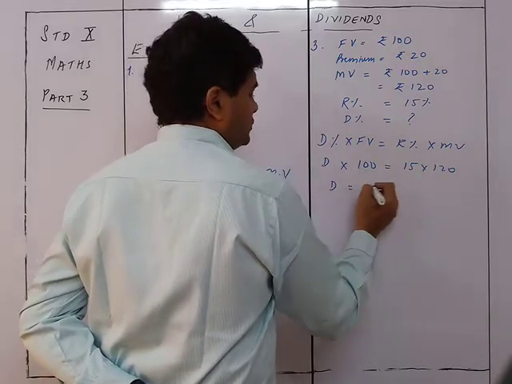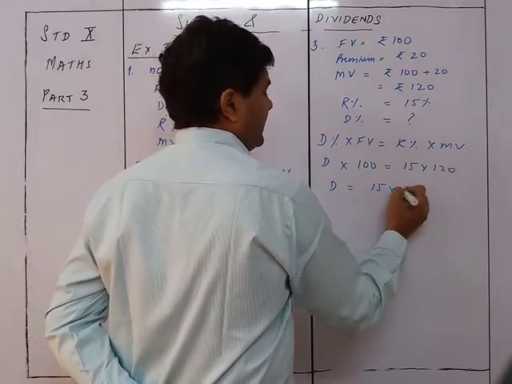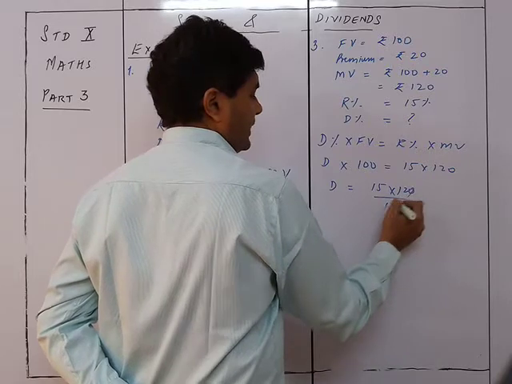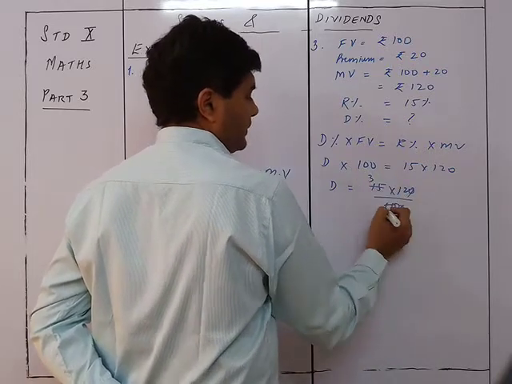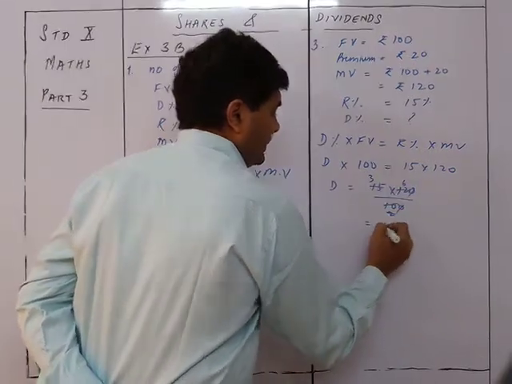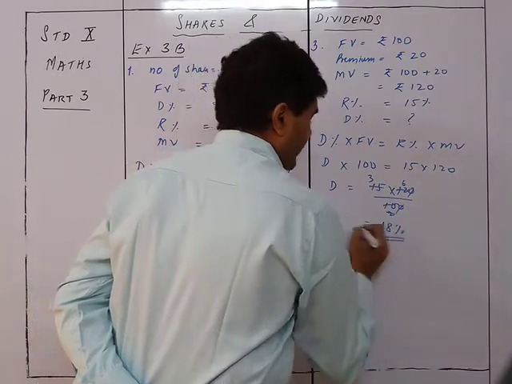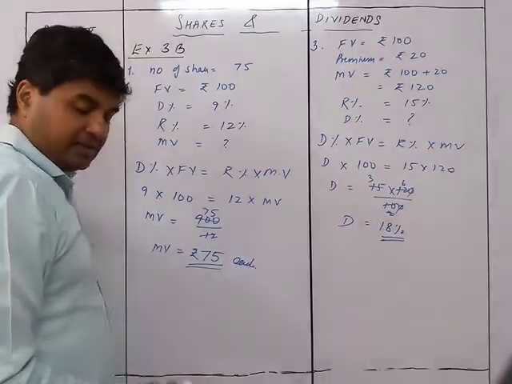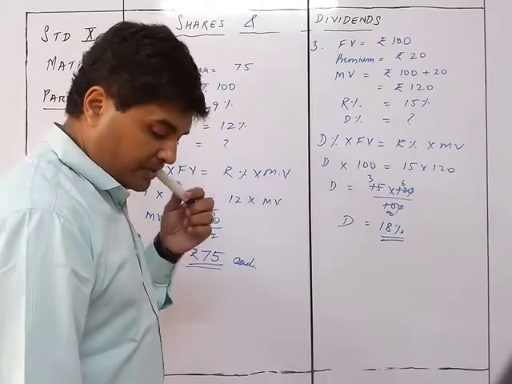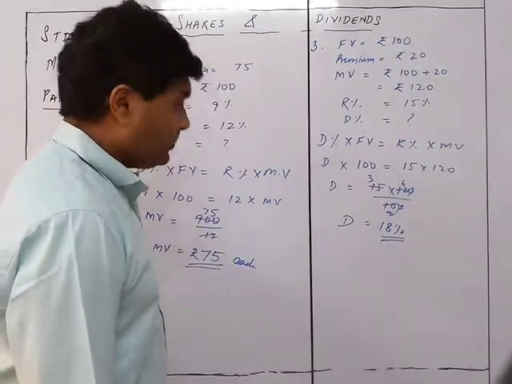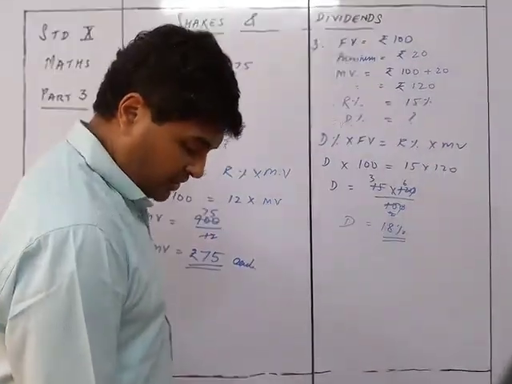So D is equal to 15 into 120 upon 100. Cancelling, it is 18%. So the dividend percent is 18%. The dividend percent per share is 18% for sum number 3.